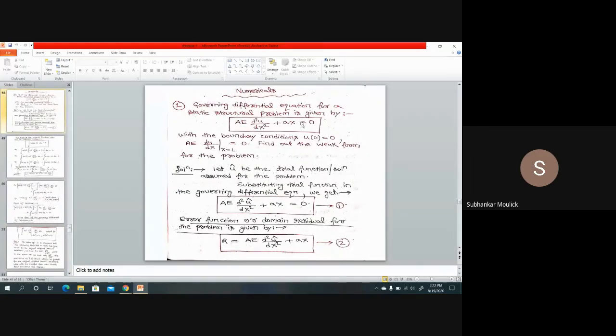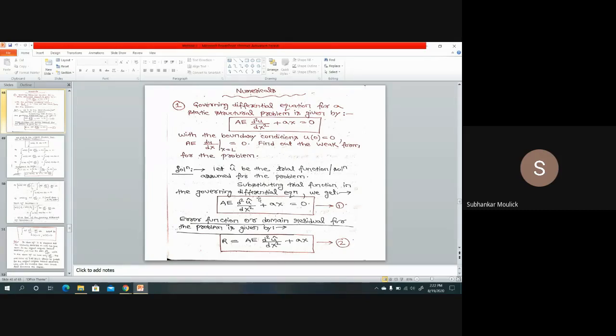If this ax value in the question was present in the right hand side, then you have to bring that value towards the left hand side. Whatever function is present in the right hand side, you have to bring it to the left hand side, and then equate the equation to 0.